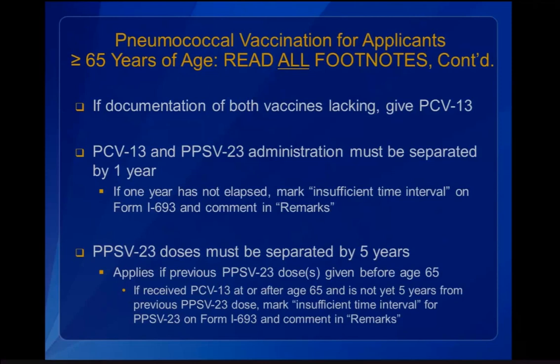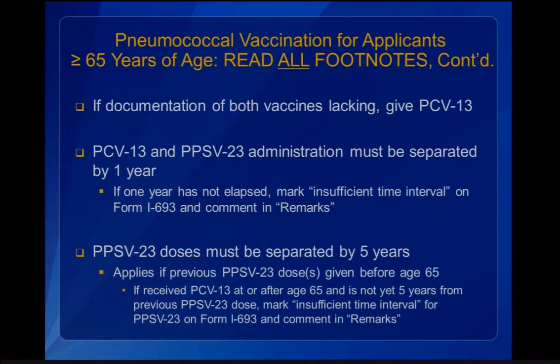So if they had received PCV13 at or after 65, and it's not yet 5 years since their polysaccharide, so you're not going to be giving that. That'd be the first one you'd give, but you don't need to do that. Then you go to the polysaccharide, and you say, well, I'll try to give that, but it hasn't been 5 years.